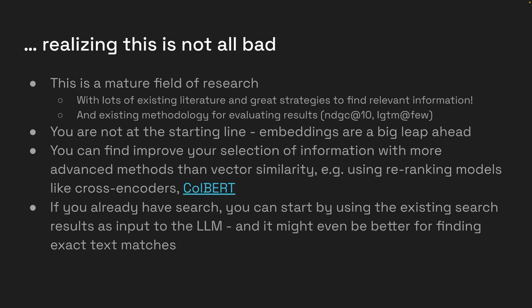And here's one that most people don't realize. If you already have search, what you're doing with RAG is retrieving relevant information and placing it with the language model, and you can do that with your existing search. Even if it's a text search, it doesn't have to be accurate; it's still going to find pretty relevant information and you can put that in the language model. You don't have to build the whole vector thing first if you already have search.